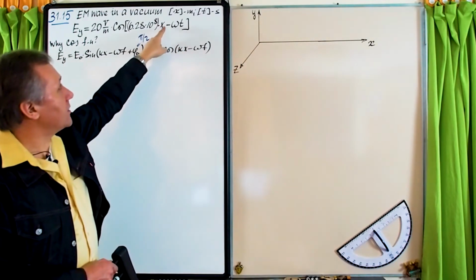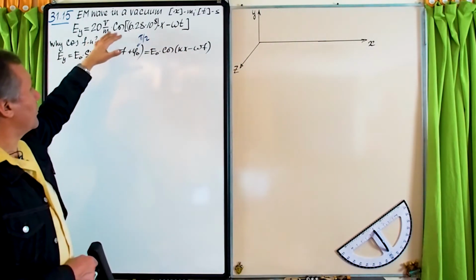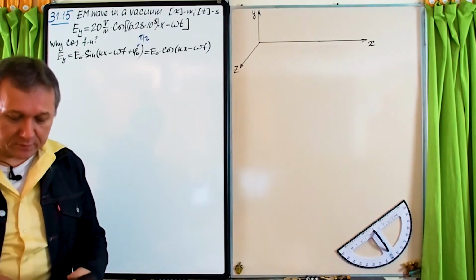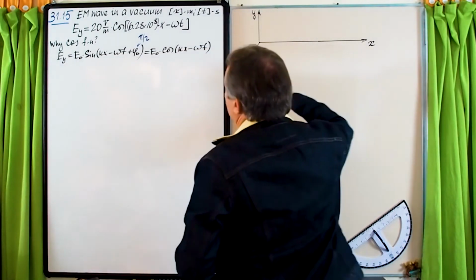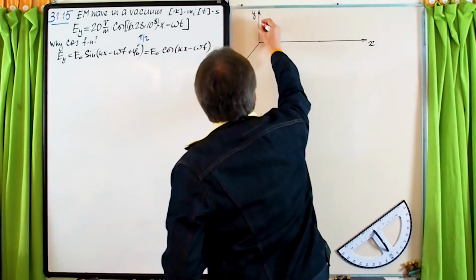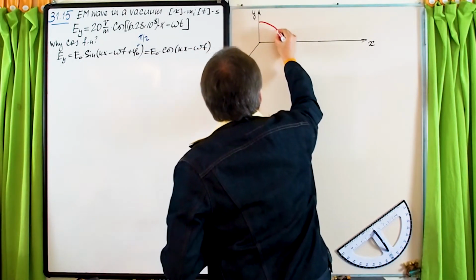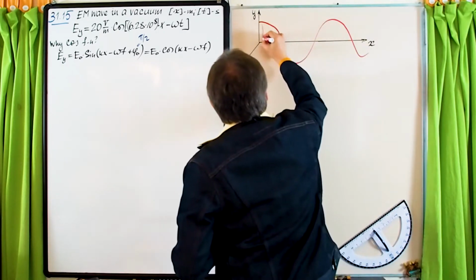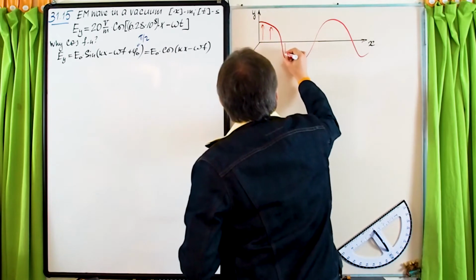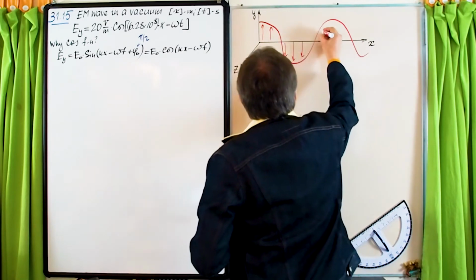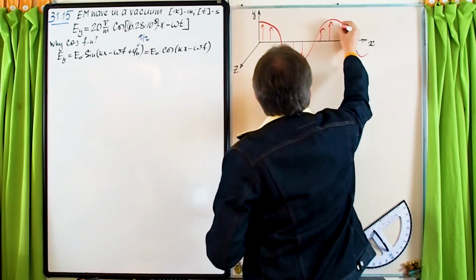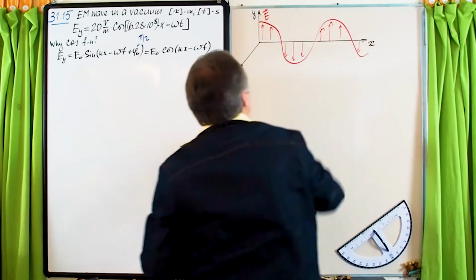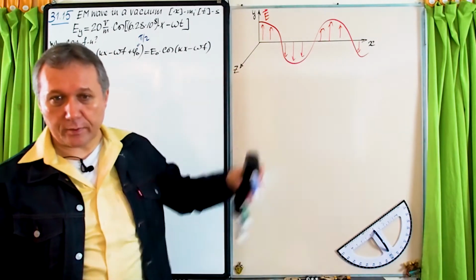Since we have a minus sign, this traveling wave propagates in the positive x direction. So I can draw the electric field traveling wave. It's a cosine function, so let me start it like this. This is the electric field E, and it travels that way.